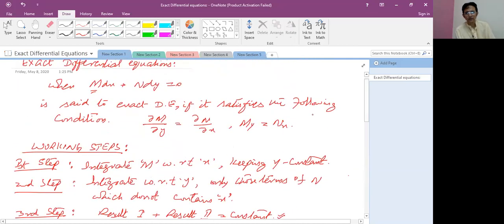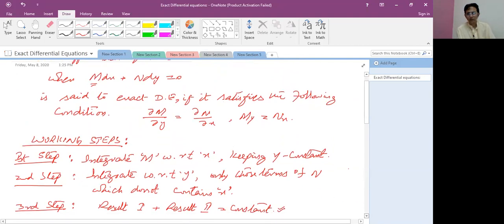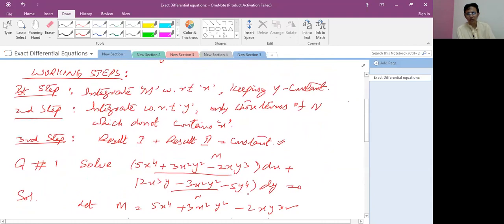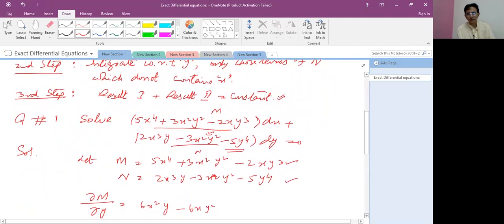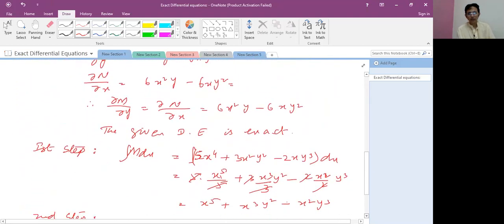In the next step, integrate with respect to y only those terms of N which do not contain x. It means only the term minus 5y^4 does not contain x. The others contain x. So we write only the integral of that term of N dy.